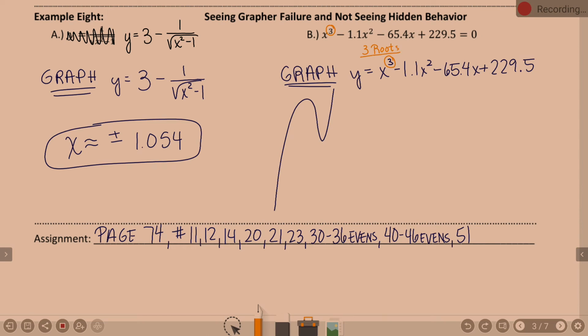Now, what I will say, we'll see what this turns out to be, whether it's 2 or 3. What I will say is that total number of solutions or roots does include imaginary solutions. Okay? So that is always an option that there's something imaginary hanging out there. However, there's also the option that there's 3 real solutions here.